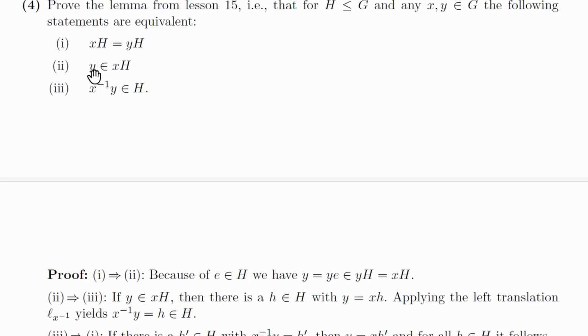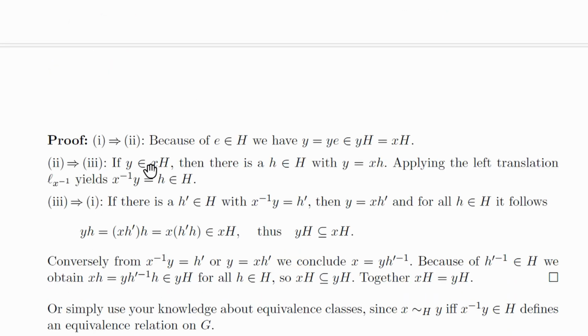Now let's suppose y lies here, and then we need to show that x inverse y lies in H. That's also straightforward, because if y lies here, by definition of this set, y can be written as xh with some element small h in capital H. And now simply multiplying with x inverse from the left yields x inverse y equals h, which is an element of H, and we are done.